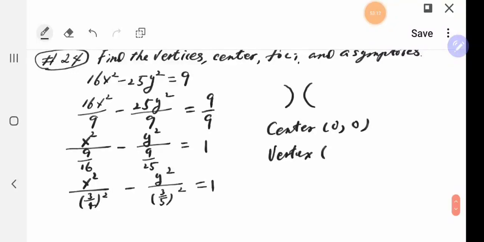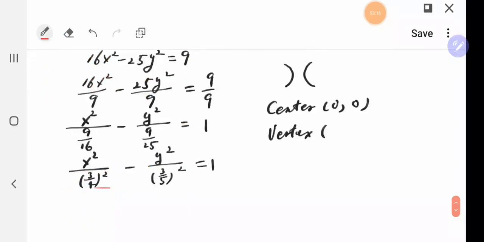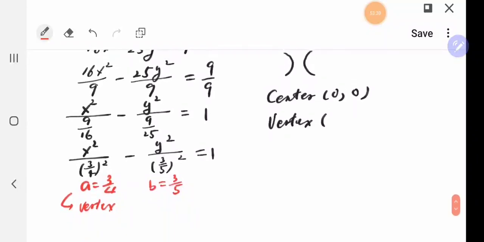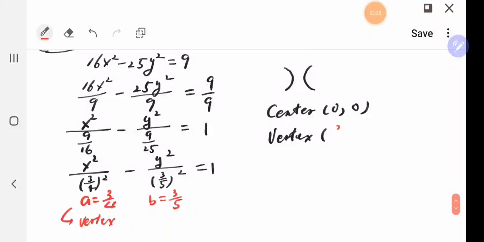In this case, a will be 3/4 and b will be 3/5. So a is the vertex. Then the vertices will be (3/4, 0) and (-3/4, 0). That's the vertices.